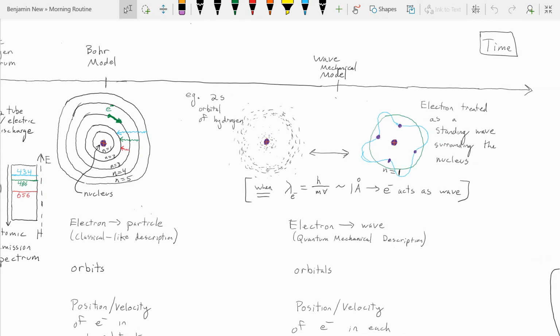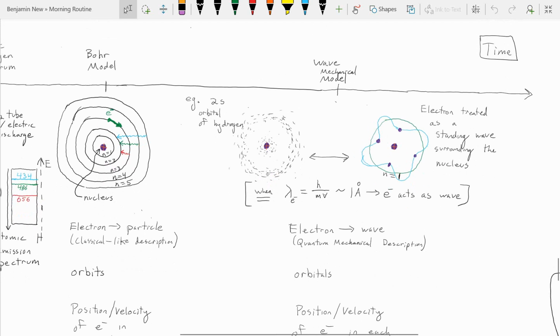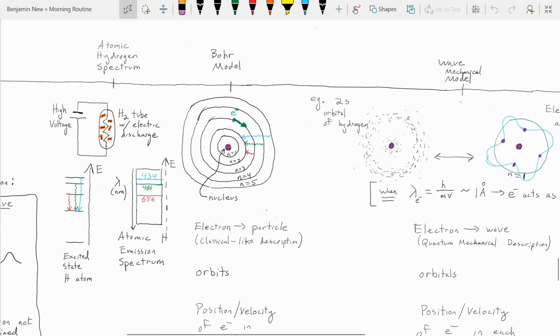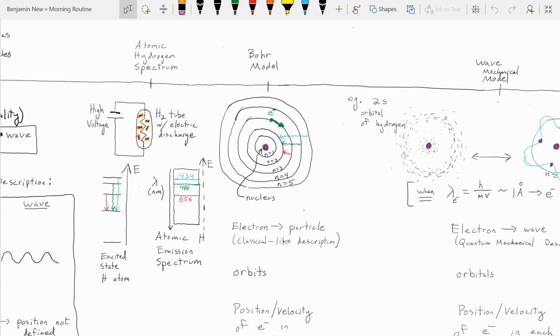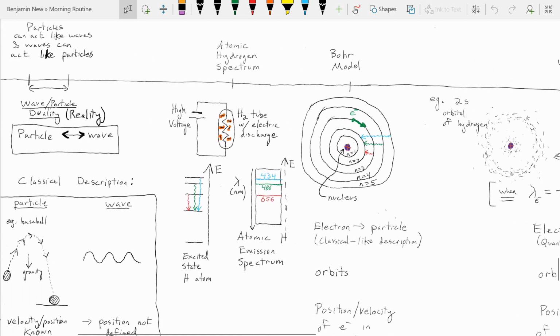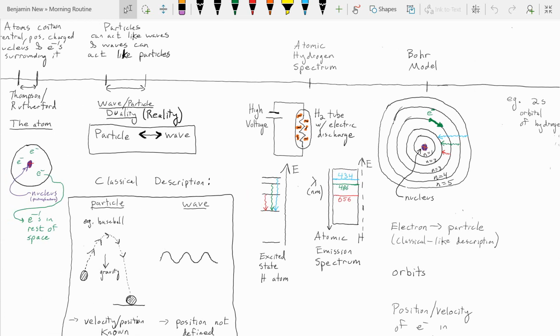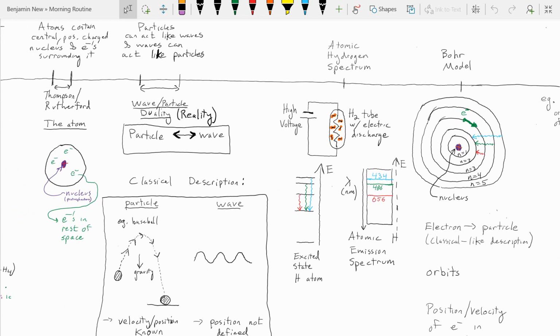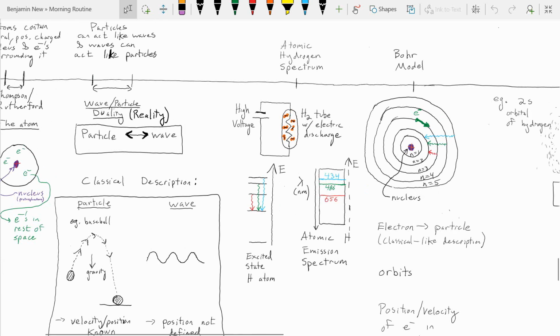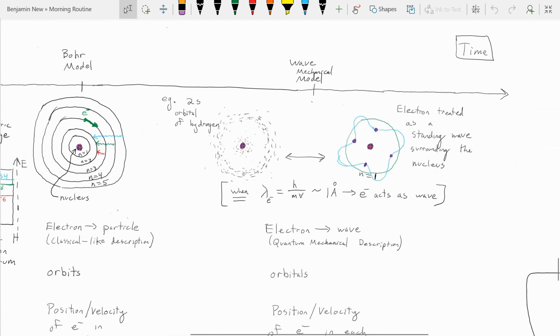So three researchers, de Broglie, Heisenberg, and Schrödinger, came together. This was about 1925 or so, and they thought very deeply about the Bohr model and the atomic emission spectrum of hydrogen, and also of other atoms, and also this wave particle duality, which had been the subject of a lot of research at this time.